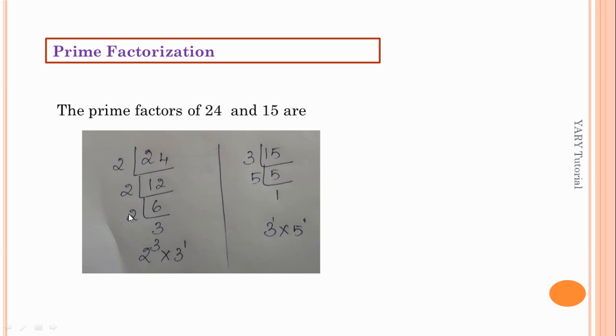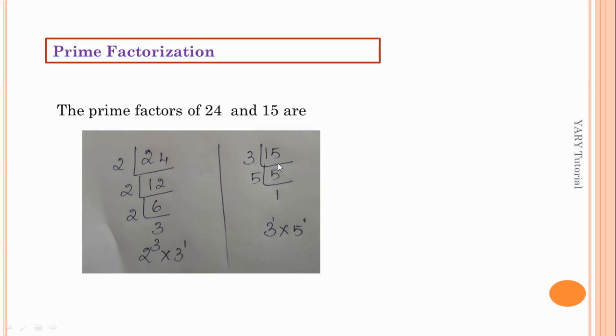Again, 6 can be divided by 2 to get 3. So 2 into 2 into 2, which is 2 cube, into 3 to the power of 1. This is the prime factorization of 24.